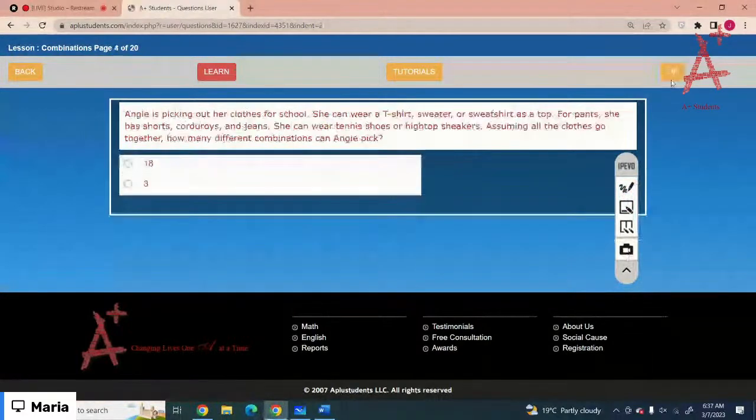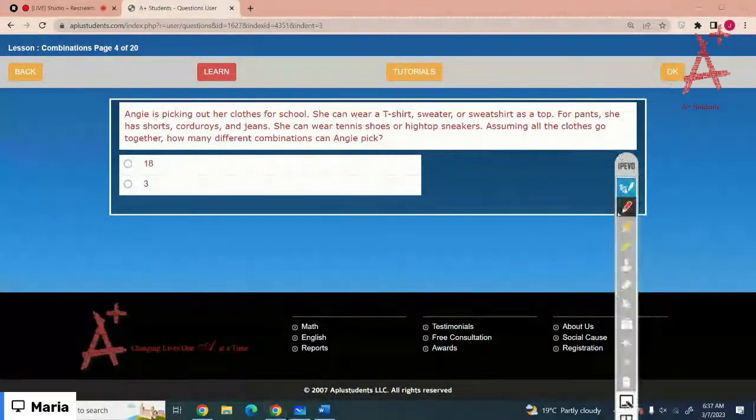Okay, the next one is Angie is picking out her clothes for school. She can wear a t-shirt, sweater, or sweatshirt as a top. So she has three choices for the top. Got it? They are t-shirts, sweaters, and sweatshirts, and for pants she has shorts, capris, and jeans, three options for this. She can wear tennis shoes or high top sneakers, two for this. Assuming all the clothes go together, how many combinations?